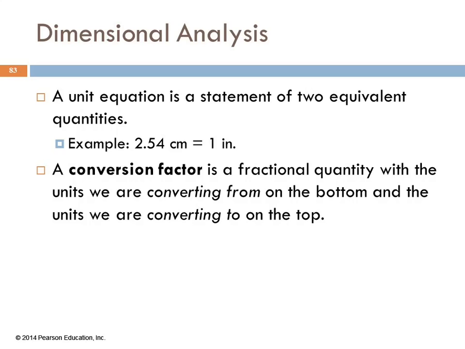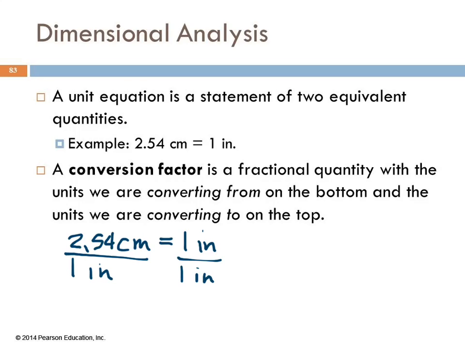So we can take any unit equation and make a conversion factor out of it. So 2.54 centimeters is equal to 1 inch. If we divide both sides by 1 inch, what does 1 inch over 1 inch equal? It equals 1. So that tells us that 2.54 centimeters per 1 inch is equal to 1.